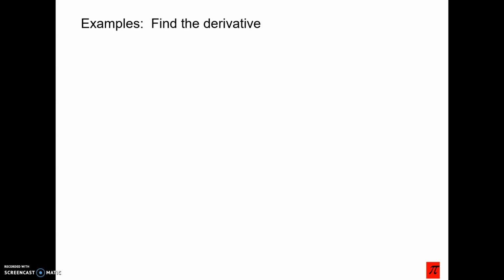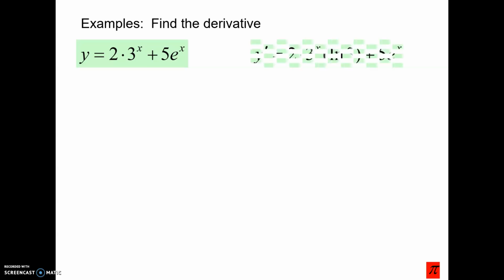So let's find some derivatives. What would be the derivative of this expression? The first expression would be 2 times 3 to the x times the natural log of 3 plus 5e to the x.